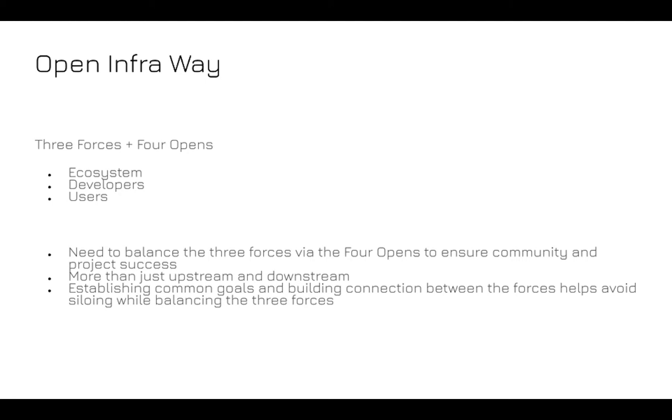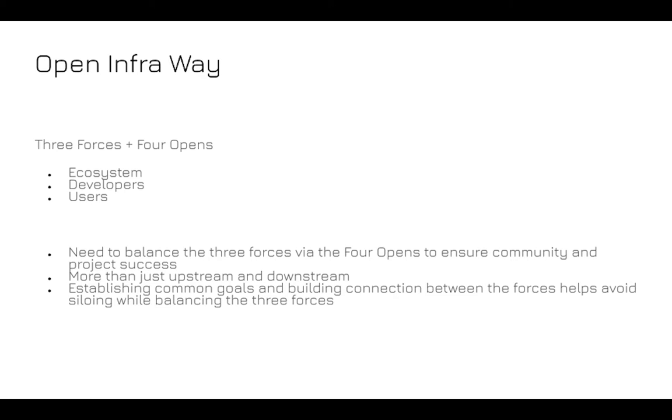So I'll go through the 3 forces quickly here, as if I'm not talking quick enough. The 3 forces are an abstraction of all of the influences on our community. So you have the ecosystem, all of the companies that are interested in deploying the software and using it.